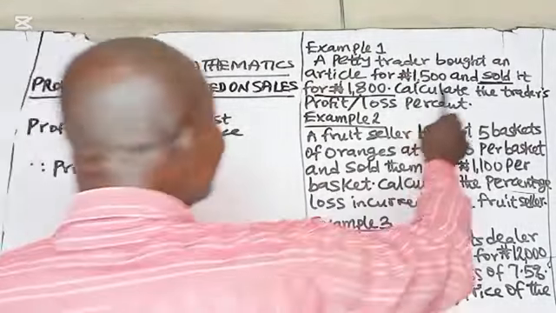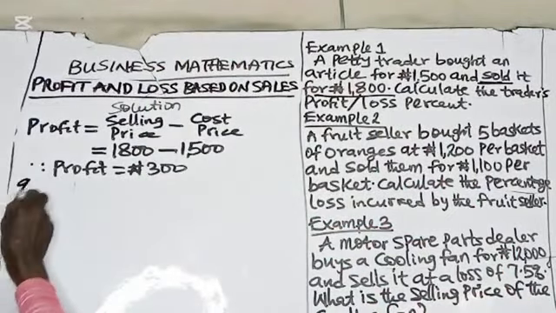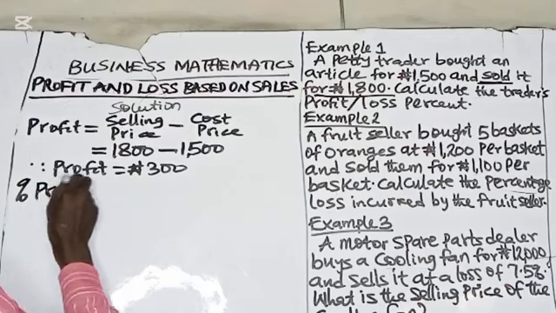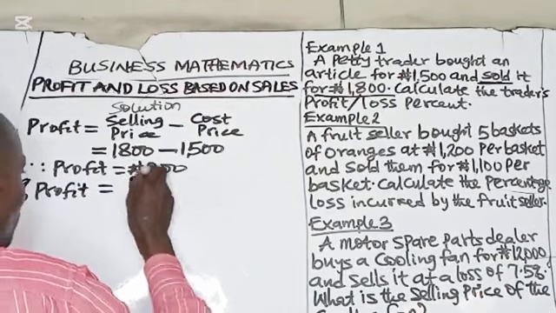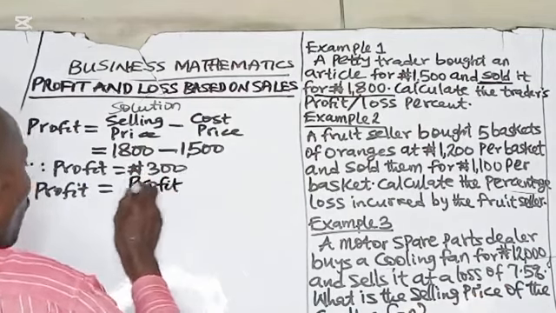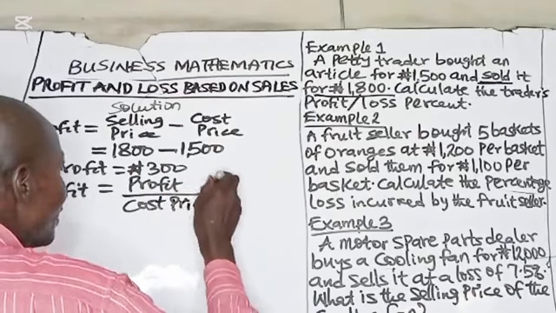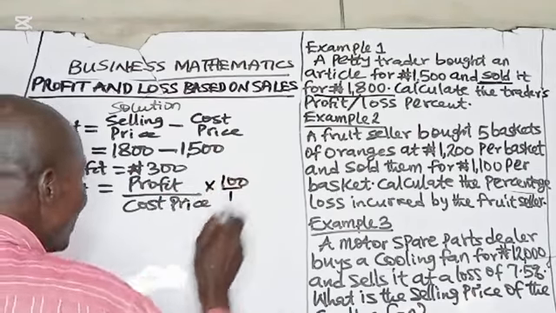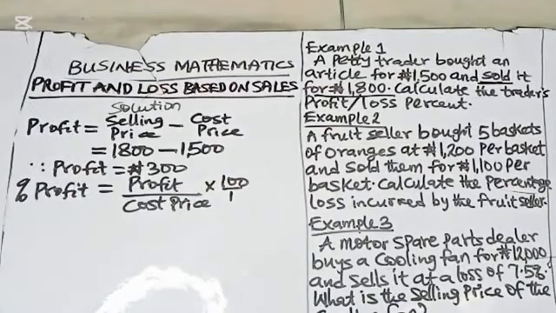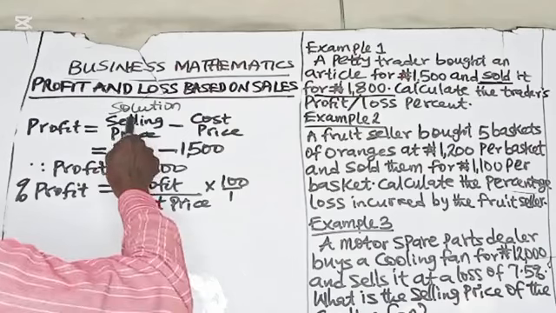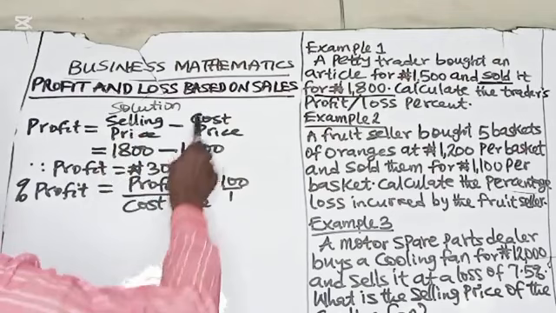You are to calculate the trader's profit or loss percent. Remember, I've told you percentage profit is equal to profit over cost price, times 100 over 1. That is the formula for calculating the percentage profit. Remember, the profit is selling price minus cost price.